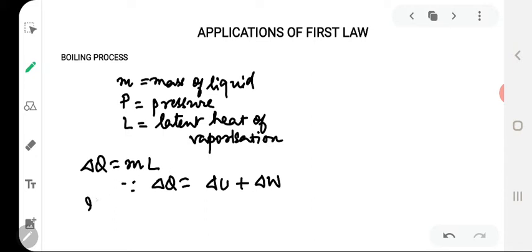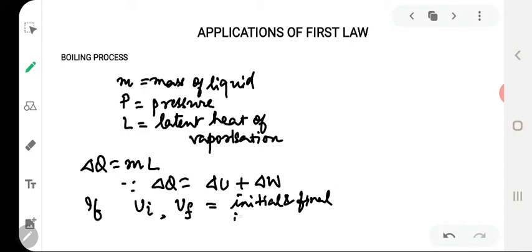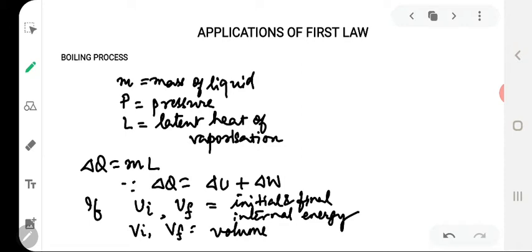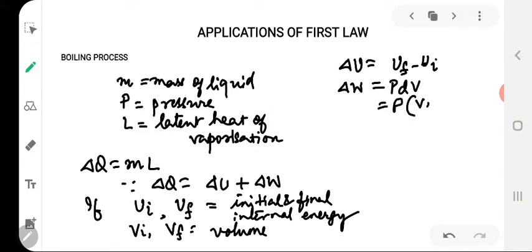So if Ui and Uf are initial and final internal energy, and Vi and Vf are the initial and final volume, then the increase in internal energy should be equal to Uf minus Ui, and external work done delta W should be equal to P dV, that is P into Vf minus Vi.